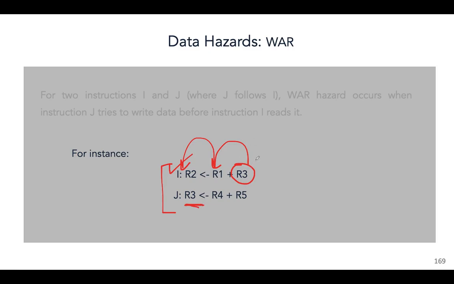So maybe there was a previous value of R3 and that is the one we were supposed to add. But if J tries to perform its operation before I can complete it, then that means R3 will have a wrong value. It will have a value that we do not want. Right? We don't want this value of R3. We wanted some other value from some previous computation. So this is where WAR hazard occurs.